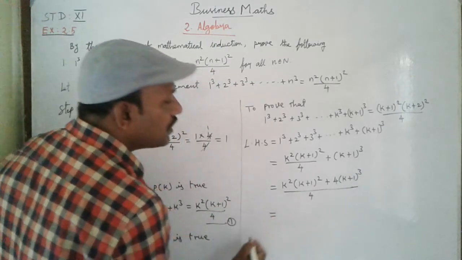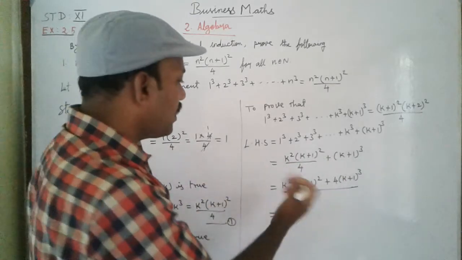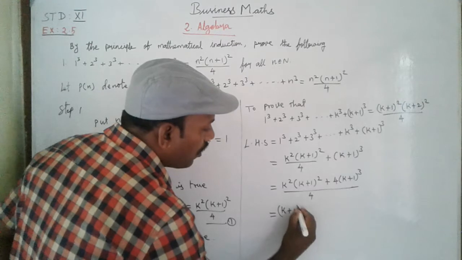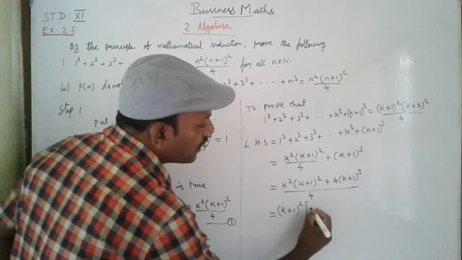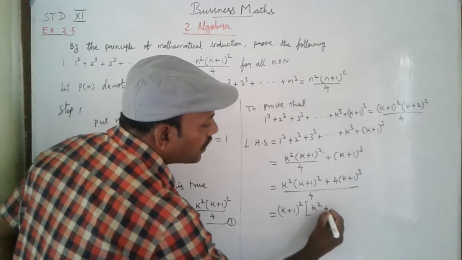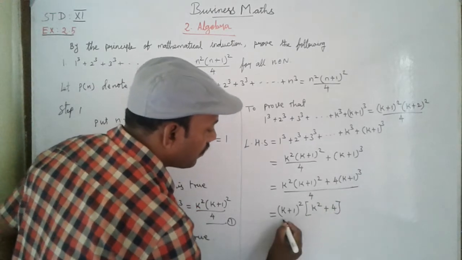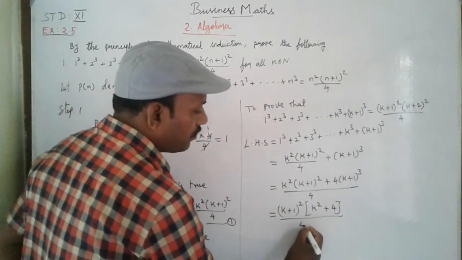We should take (k plus 1) whole square as common from both terms. What is the remaining here? K square plus 4, divided by 4.